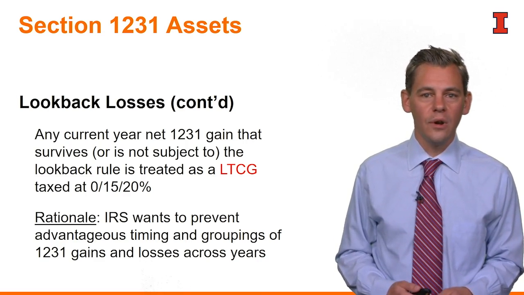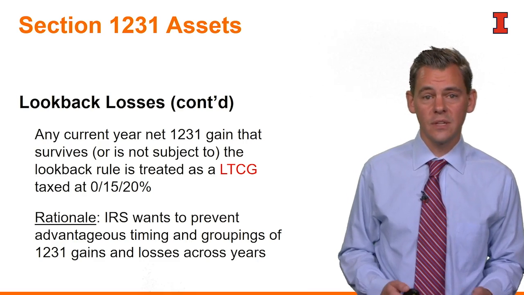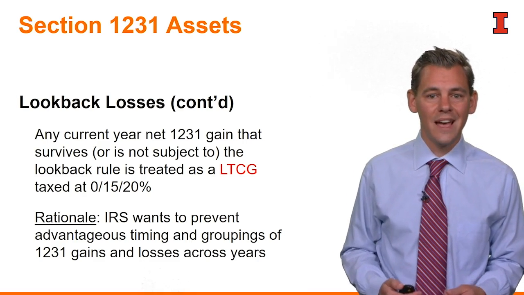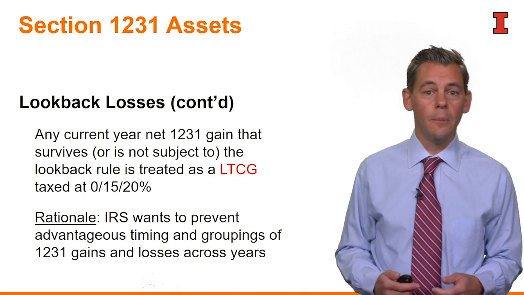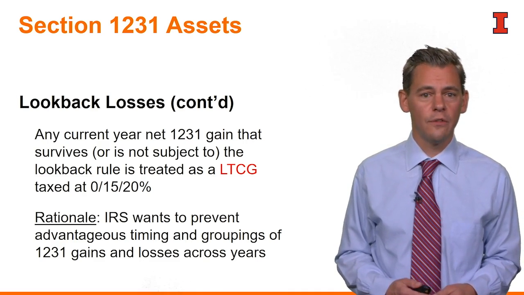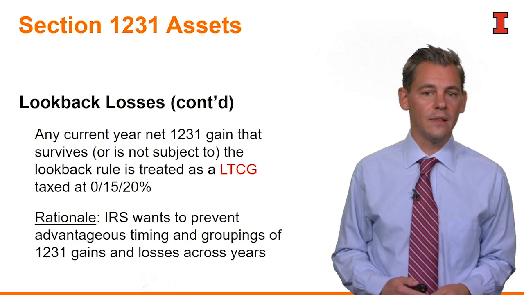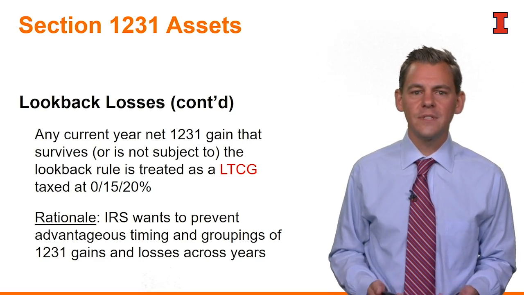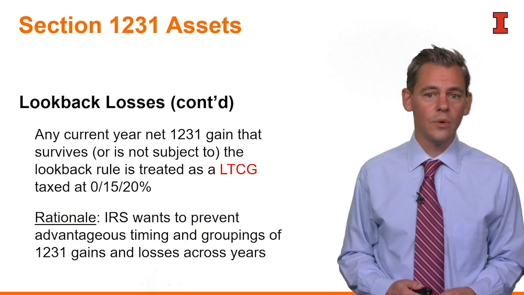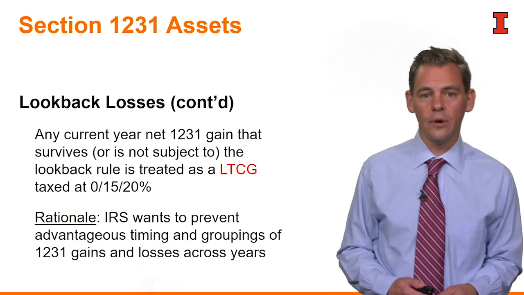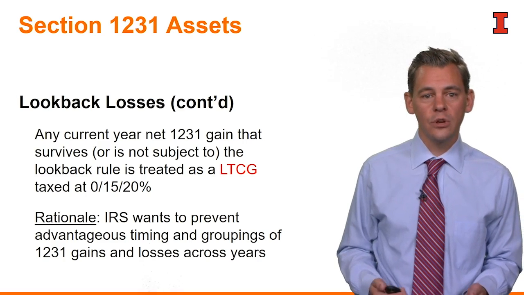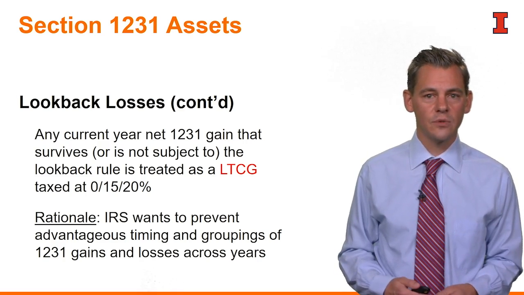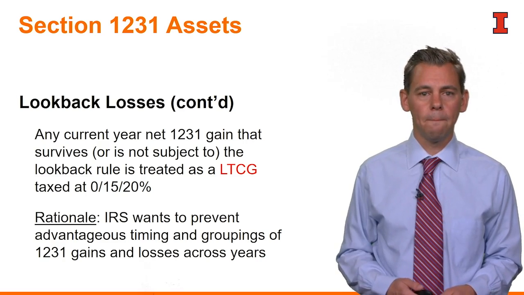That is, in order to get the preferential tax rates on the Section 1231 gain, the net Section 1231 gain must be larger than any Section 1231 losses you incurred in the last 5 years. If it's not, again, that gain is actually reclassified and then taxed at ordinary rates. But if it's larger, then you retain the preferential tax rates that would normally apply.